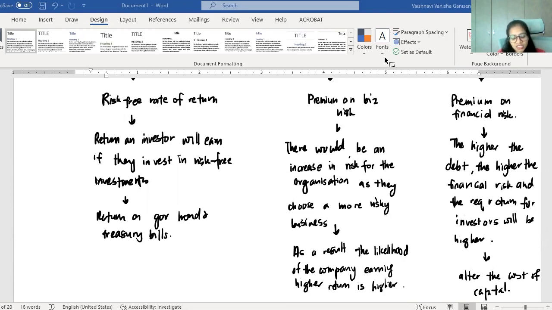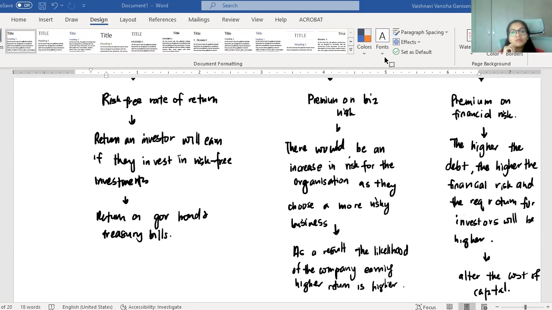What you must understand is that these companies, they may have a different proportion of debt to equity. And when their debt to equity proportion is different, this leads to the company having a different or a varying cost of capital. So no one cost of capital is the same for each company.